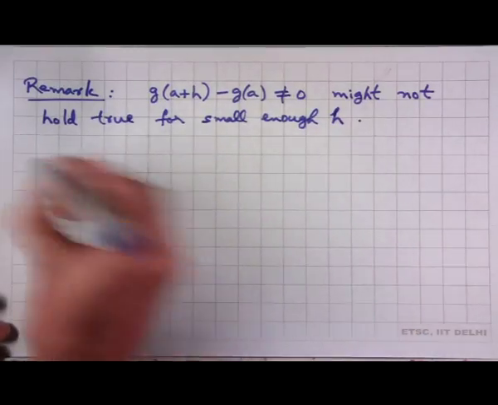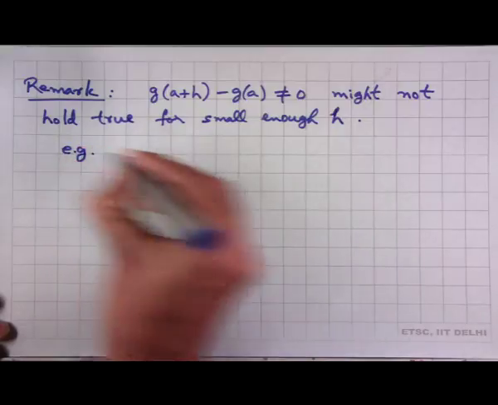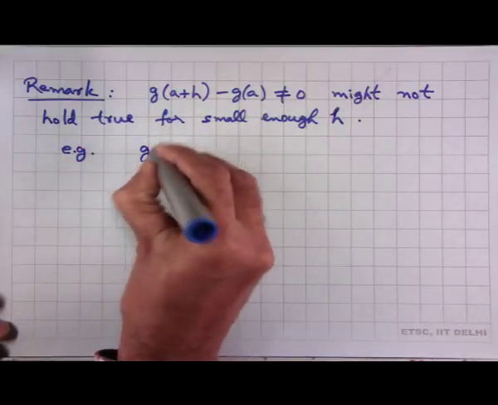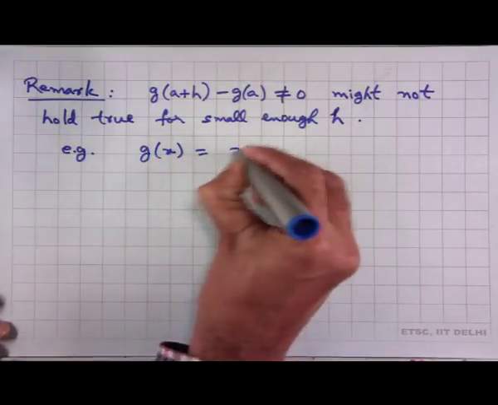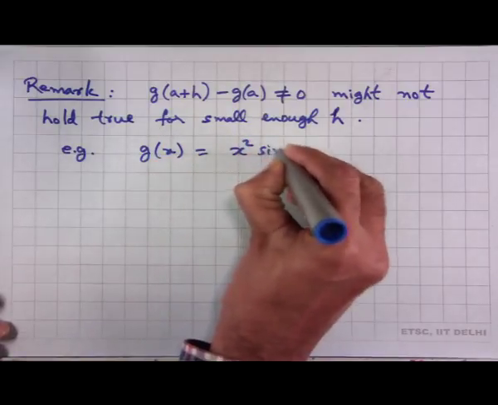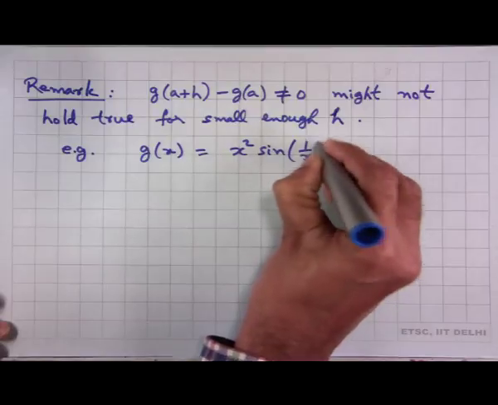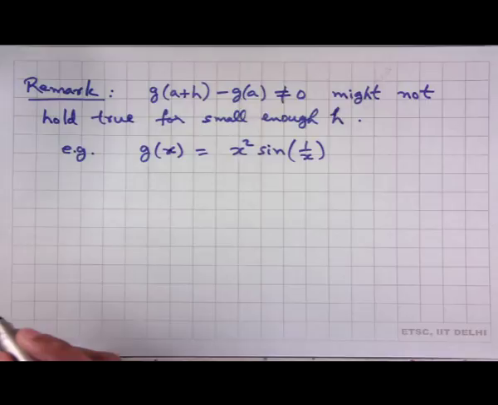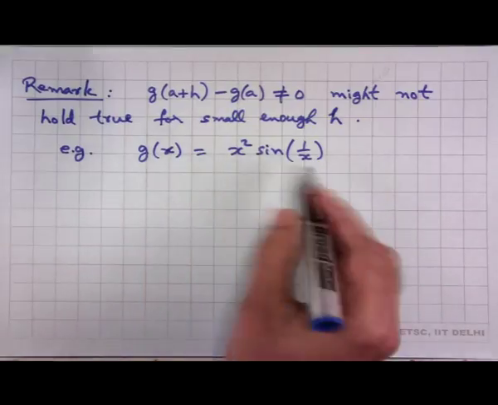So, as an example, consider the function g of x is equal to x square sine 1 by x, defined for x not equal to 0 and 0 if x is equal to 0.